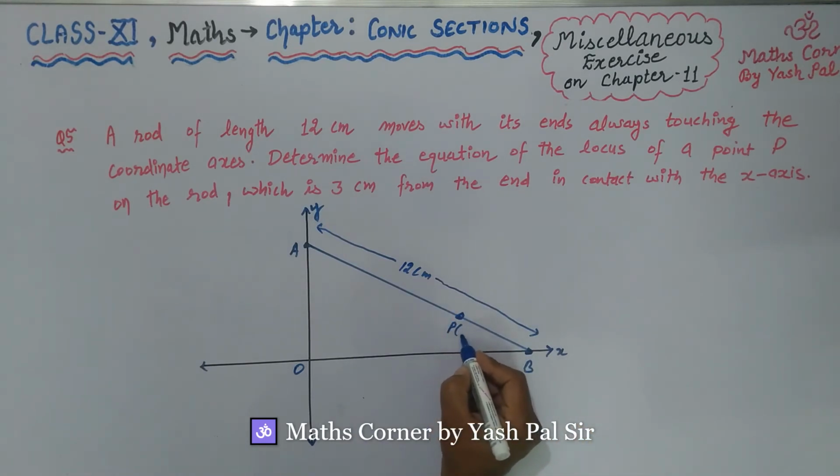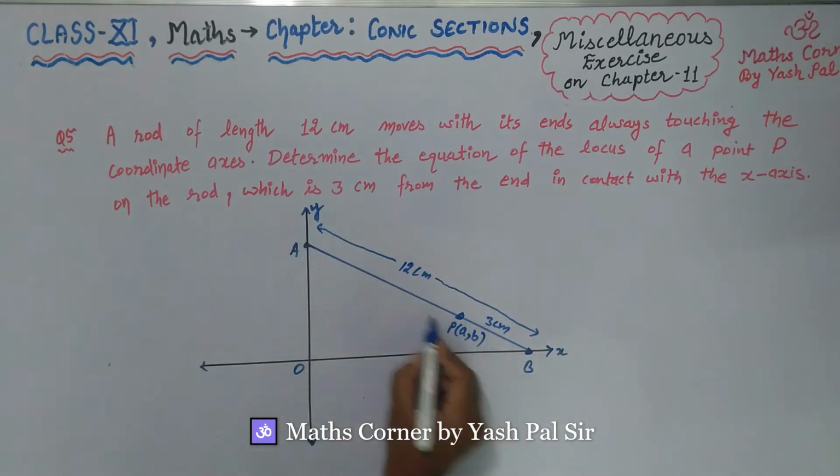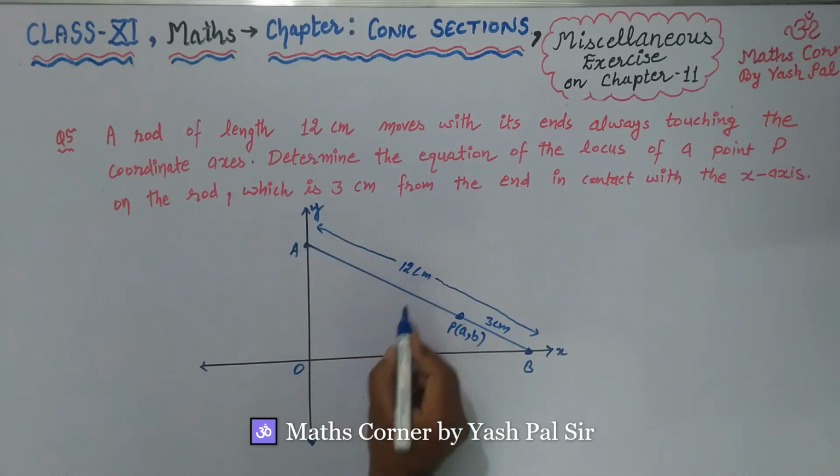Its coordinates we are assuming to be a comma b, right? So it is given that this PB is 3 centimeters. So we are left with AP, because total length is 12 centimeters. So 12 minus 3, we have 9 centimeters.